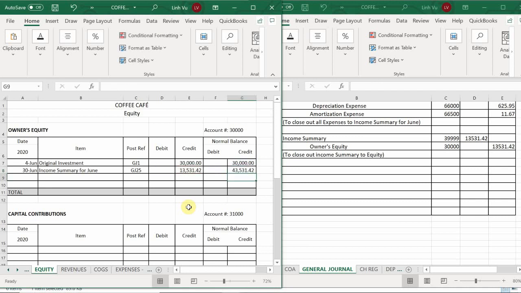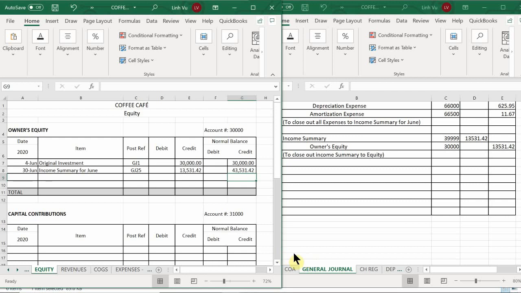Okay. So as our debits and credits act, since we are looking at a credit, which is going to increase the balance in my account right here, which is the owner's equity, I now have a total of 43,531.42. Now, of course, we know for a fact that that's not what my equity equals, right? If we go to my statement of equity, I am missing one component.